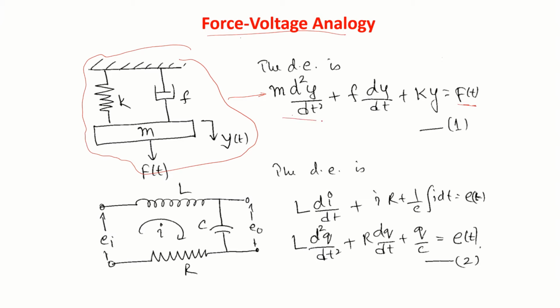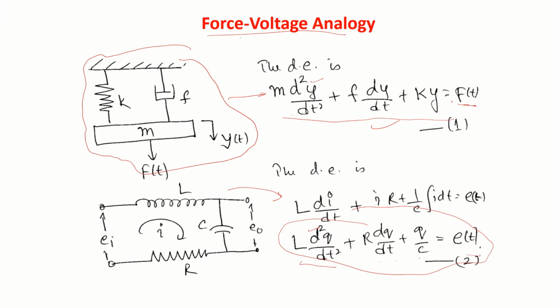This differential equation we have already derived in the previous session. Just now we did the electrical one. Its equation is L d square q by dt square plus R dq by dt plus q by C is equal to E of t. Let us compare this equation with this equation.